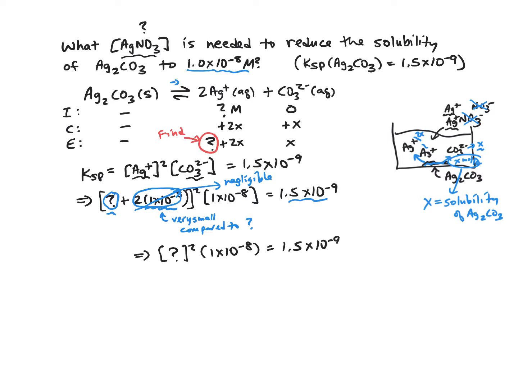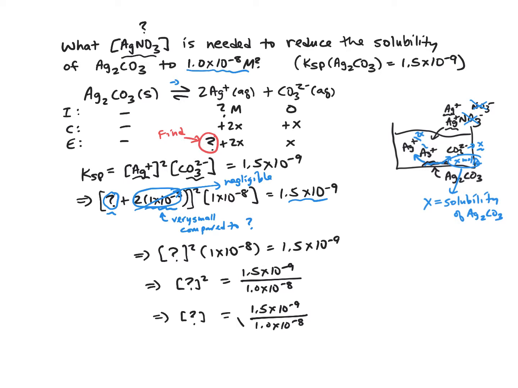And now to solve for question mark, let's divide both sides by 1 times 10 to the minus 8th. So question mark squared equals 1.5 times 10 to the minus 9th over 1 times 10 to the minus 8th. And then question mark will be 1.5 times 10 to the minus 9th over 1 times 10 to the minus 8th, square rooted.